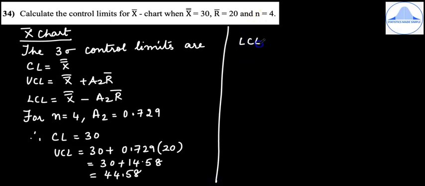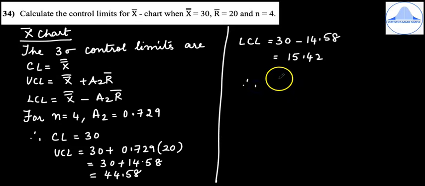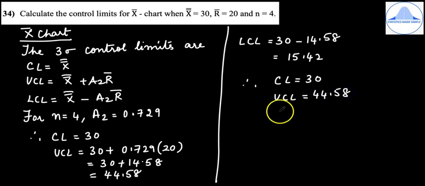Similarly, you get LCL is equal to 30 minus 14.58, which is equal to 15.42. So therefore, the final control limits are CL is equal to 30, UCL is equal to 44.58 and LCL is equal to 15.42.